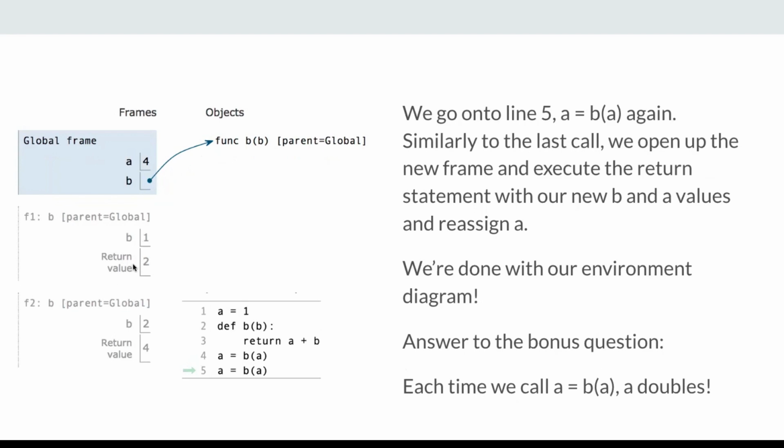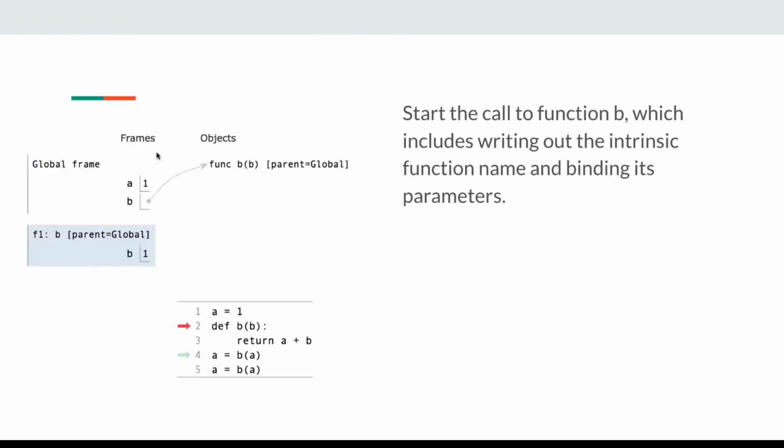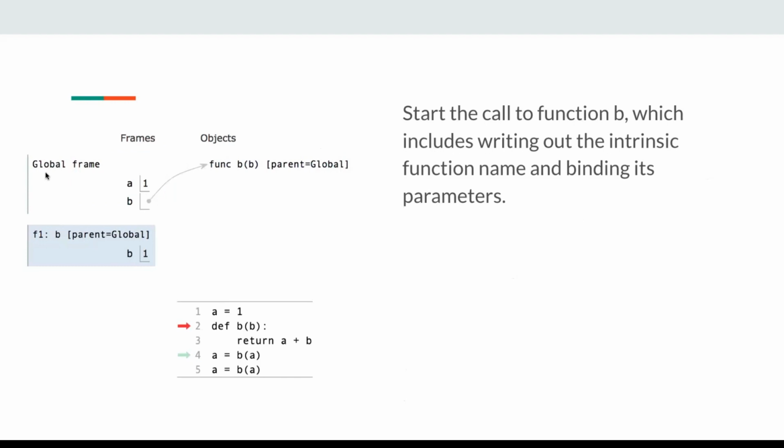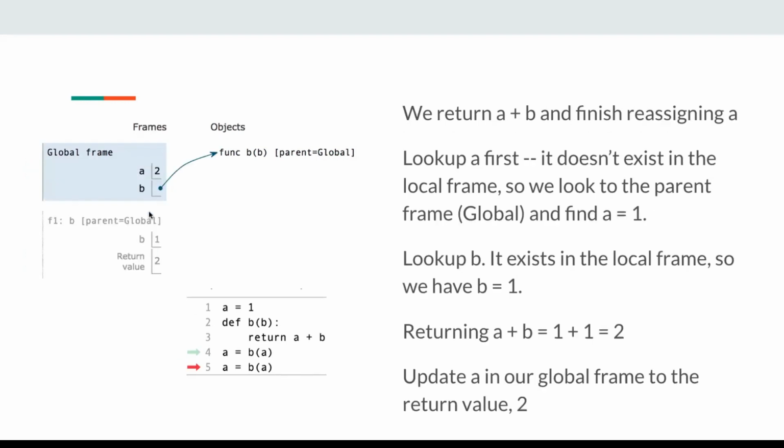So in this case, we would refer to our parent equals global. And in our global frame, we do have a as 1, back here. I'm so sorry, I think I skipped the slide. Okay, so back here we have a as 1. So that's why our return value is 1 plus 1, which is 2, which is right here.